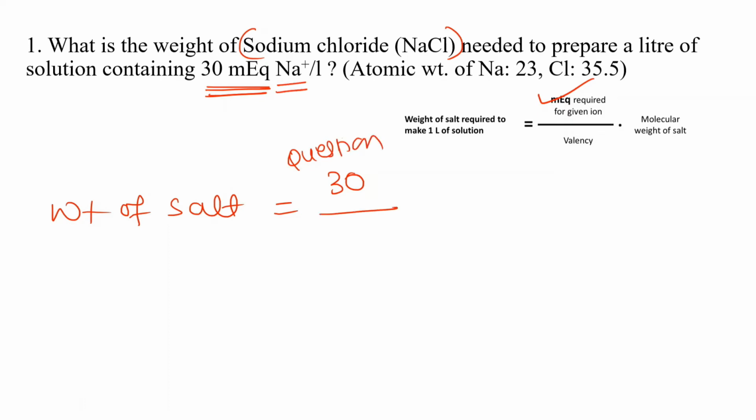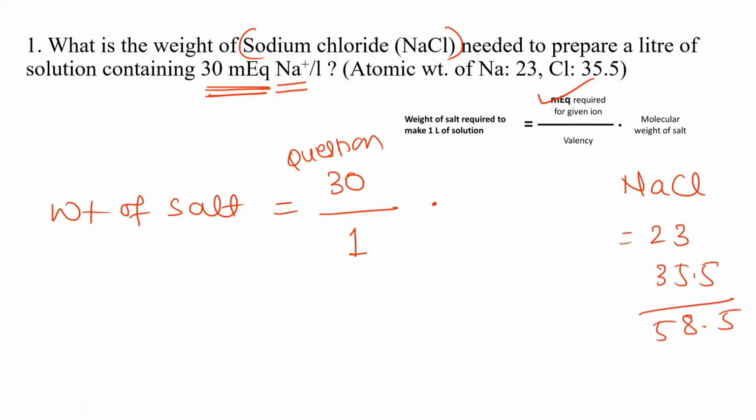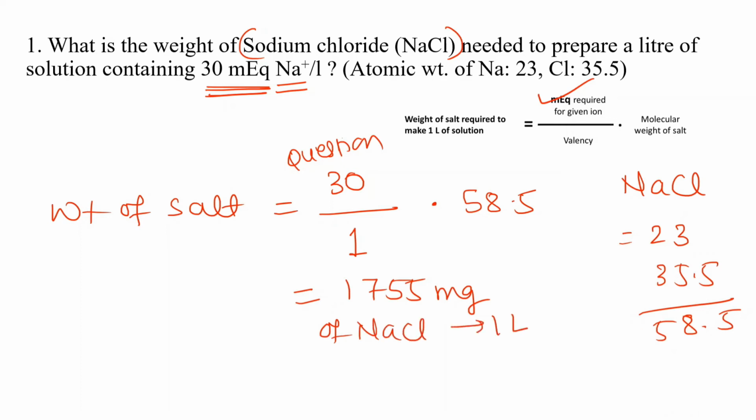Sodium's valency is 1, multiplied by molecular weight of sodium chloride. So it is 1755 milligrams of sodium chloride to be weighed, and this will be added in 1 liter of solvent, and this 1 liter of solution now has 30 milliequivalents of sodium ions.